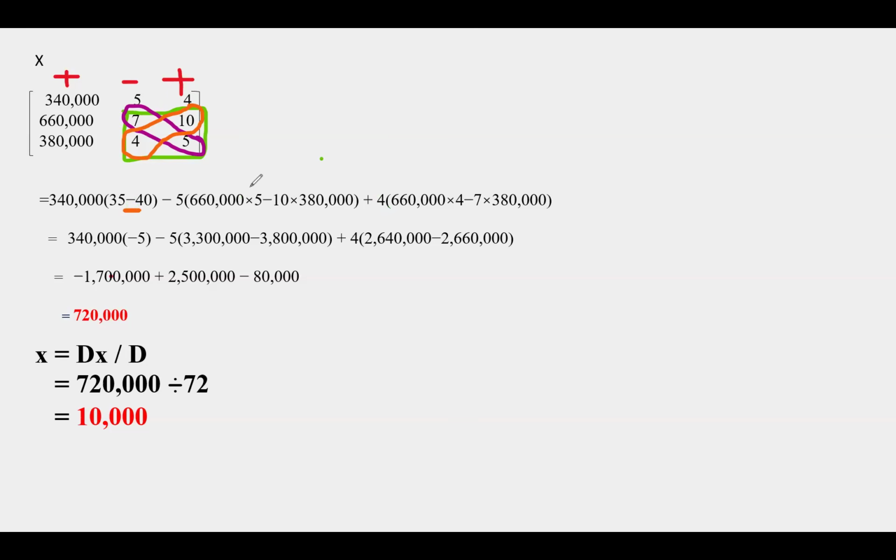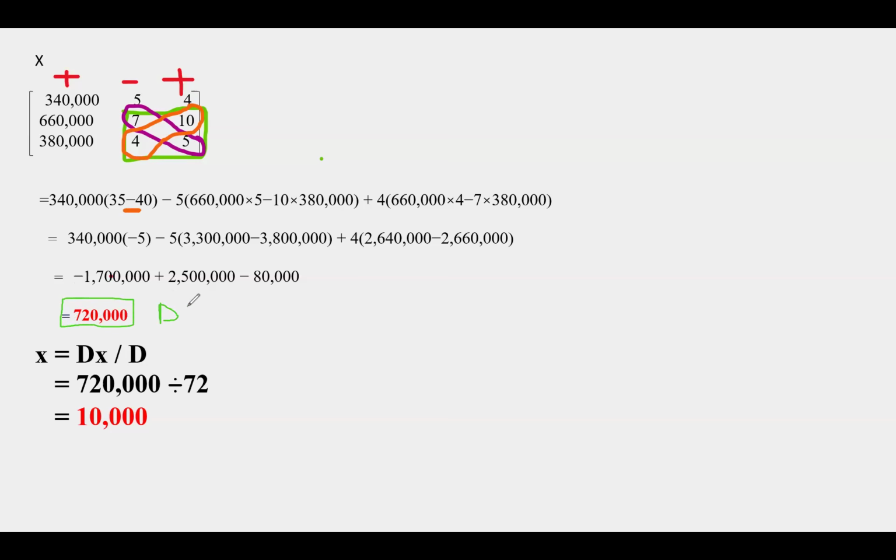So when we add the 1,700,000 to the 2,500,000 minus the 80,000, we get the determinant of x as 720,000, which is now the determinant of x.